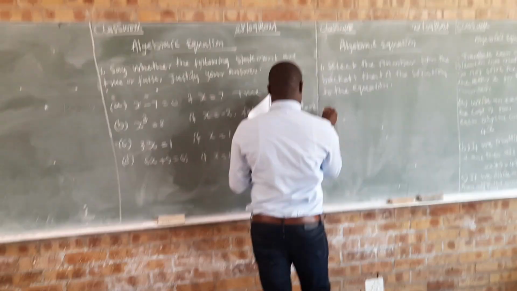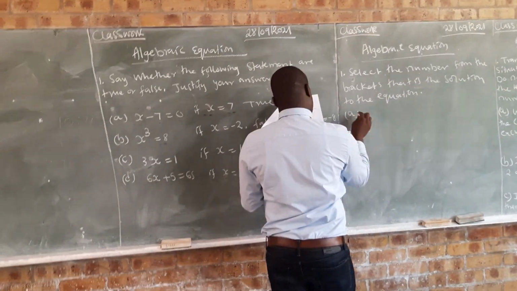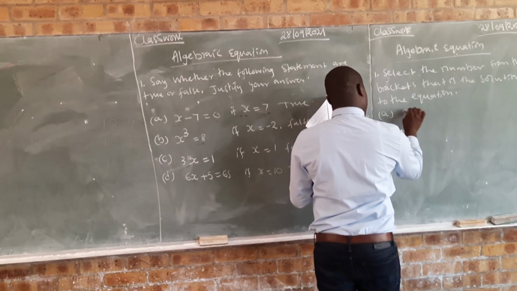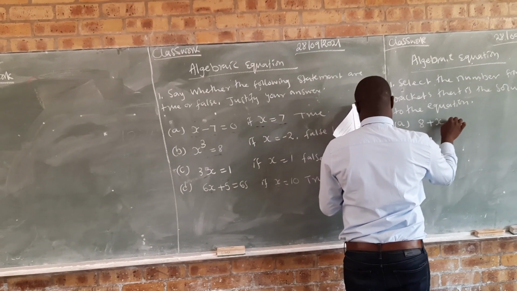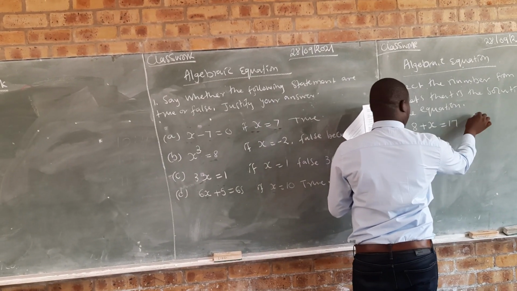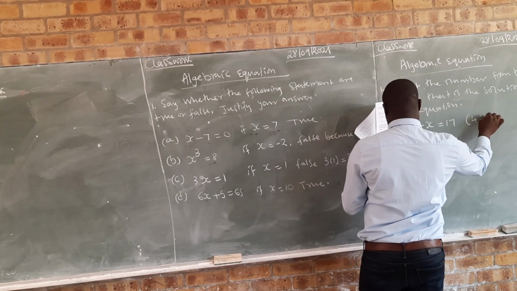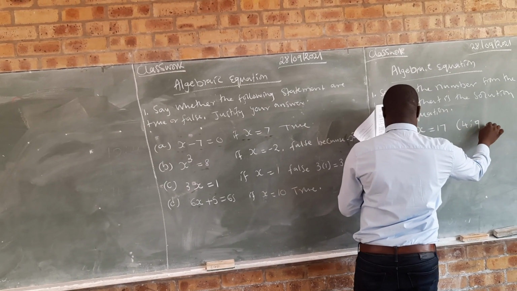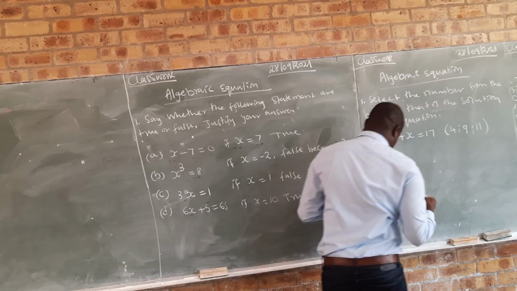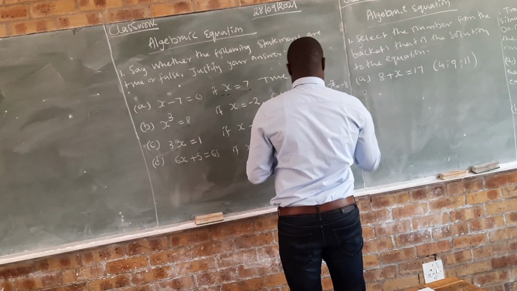The equations. Number A, we have 8 and x equals 17. 4 plus 7, 9, 11.